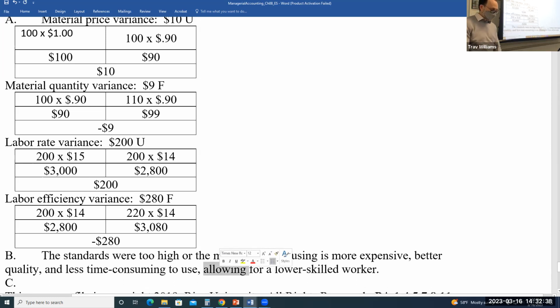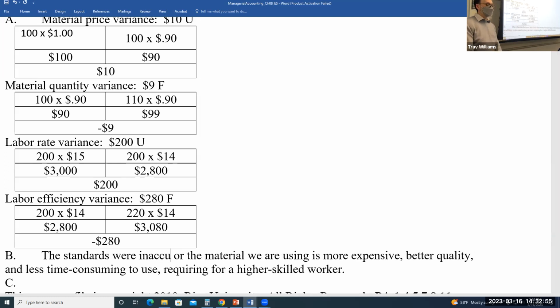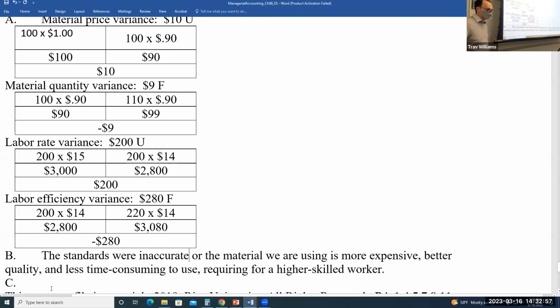I'm just going to say requiring a higher skilled worker. I guess the standards, I'll say instead of too high, were inaccurate. Because some were high, some were low.